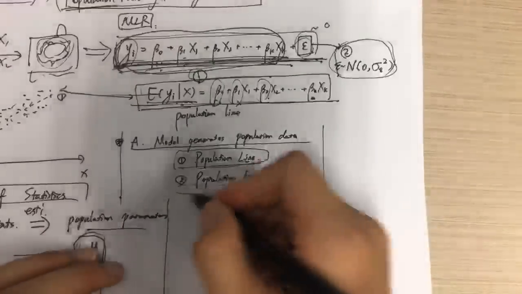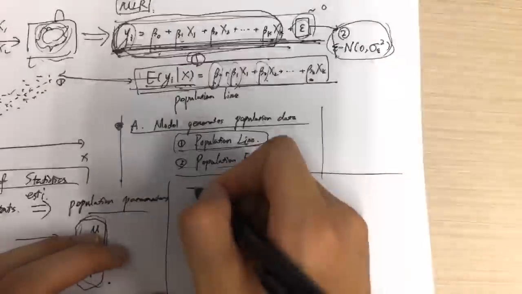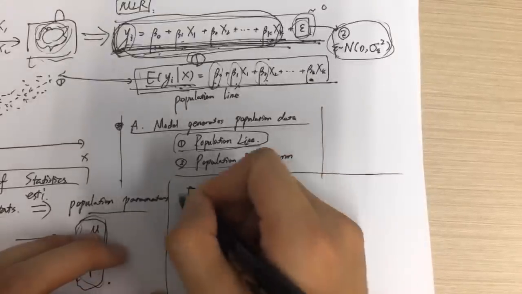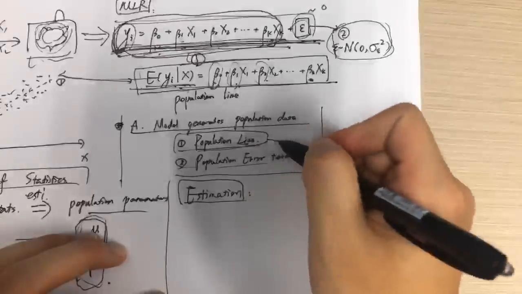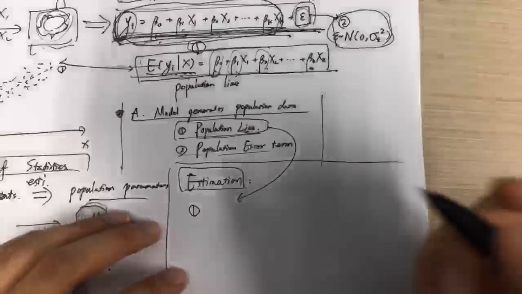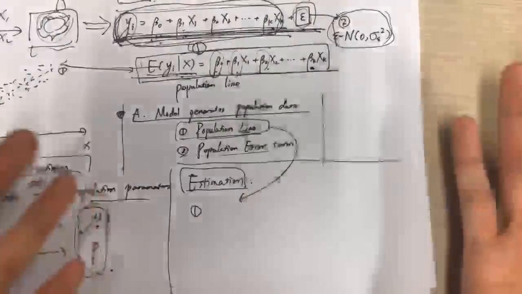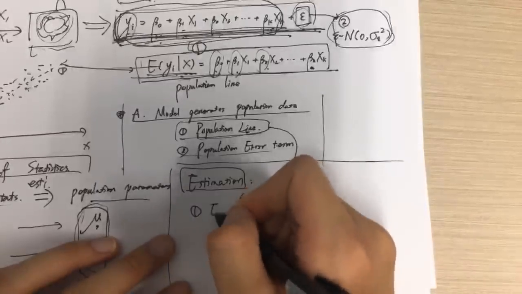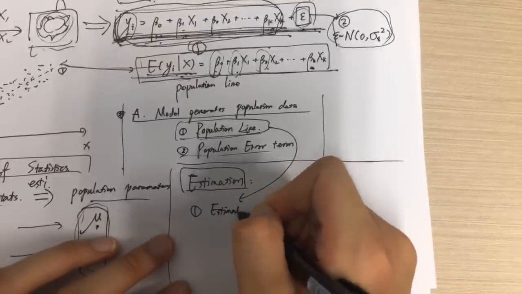Therefore, the most important thing here is that in this estimation process, we will estimate this population line using what can be called a sample straight line, or the estimated regression equation.